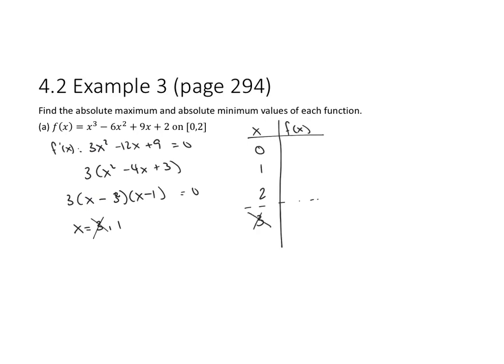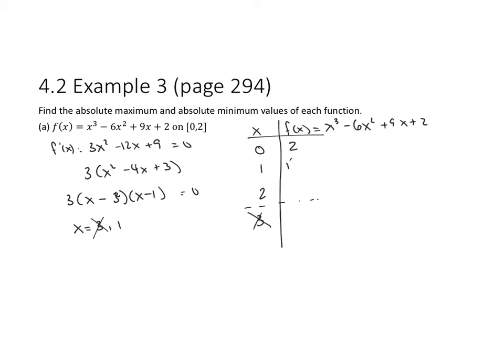So now let's find f of 0. So I plug back into the original equation. I'm going to write the original equation right here so I don't forget what it is. So 0 cubed minus 6 times 0 squared plus 9 times 0 plus 2. So f of 0 is just 2.